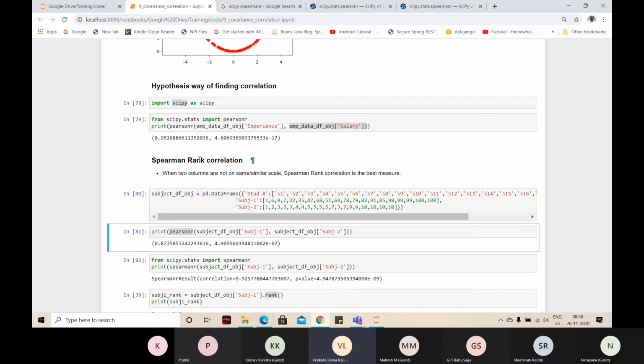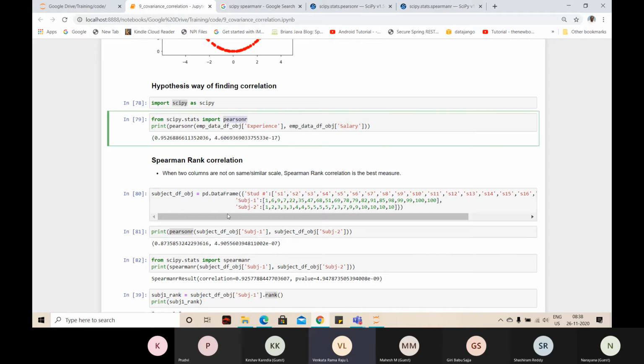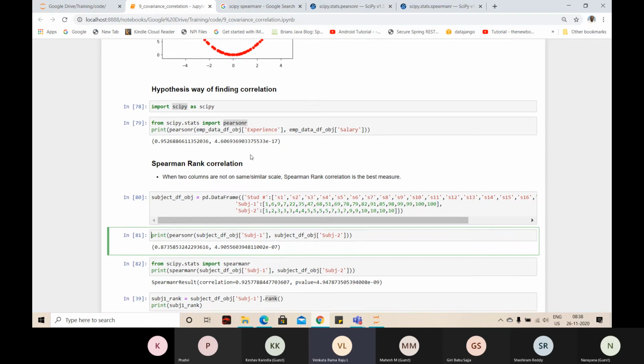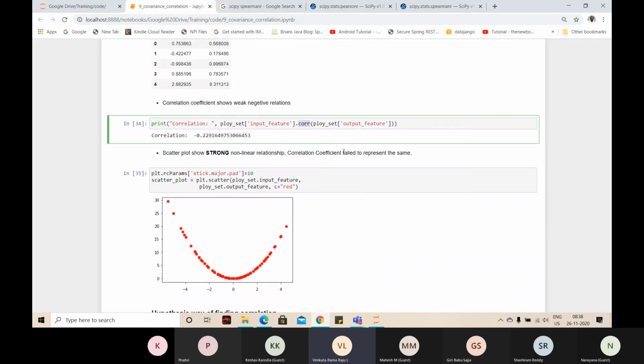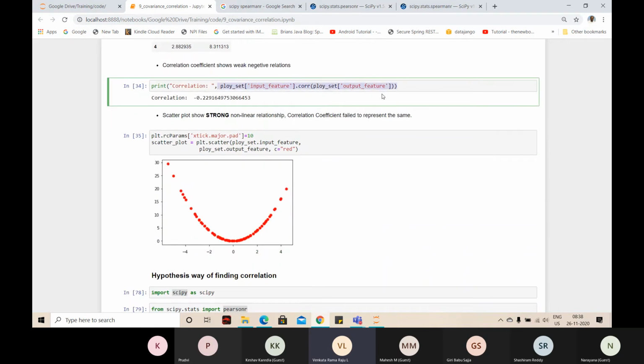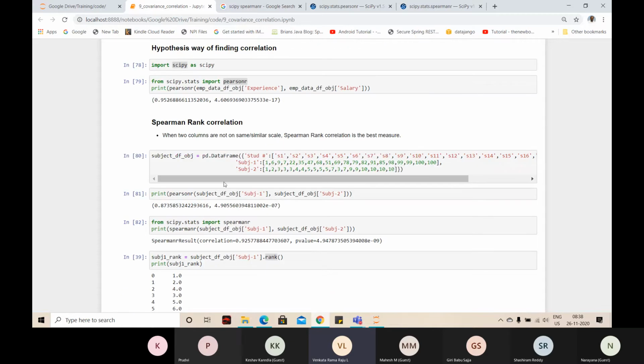So SciPy's Pearson R or Spearman R is more reliable than these corr methods, because that is just a mathematical calculation. This is actually statistical inference. It is an inferential statistic.